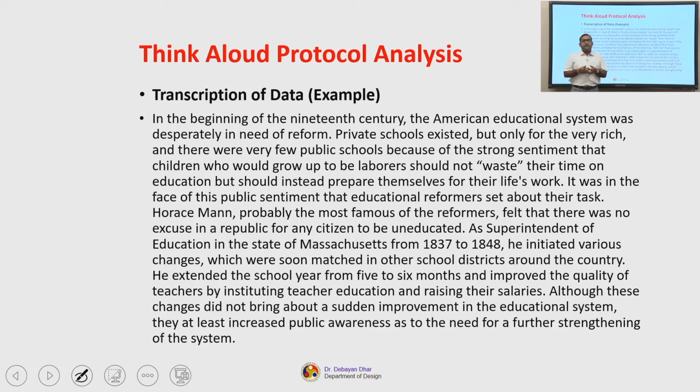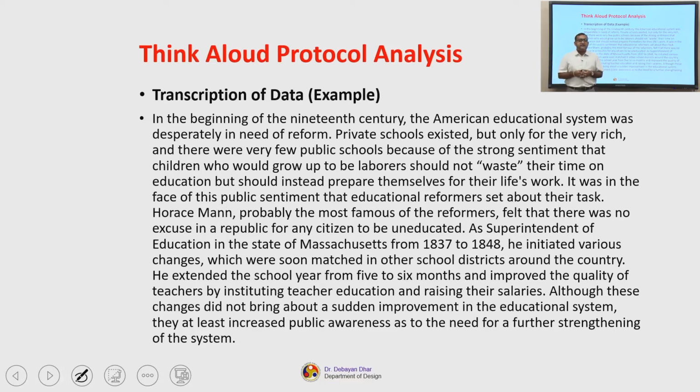Horace Mann, probably the most famous of the reformers, felt that there was no excuse in a republic for any citizen to be uneducated. As superintendent of education in the state of Massachusetts from 1837 to 1848, he initiated various changes which were soon matched in other school districts around the country.